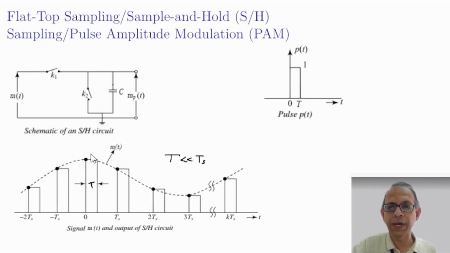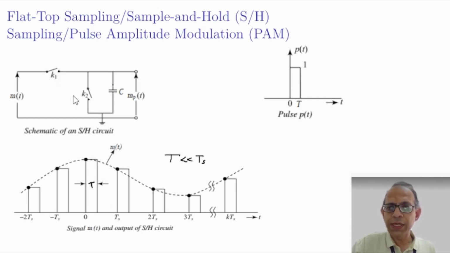So it acquires this value. Then K1 is open, K2 also remains open, so the capacitor voltage is maintained at this value. After capital T time, the switch K2 is closed, K1 remains open so that the capacitor discharges and acquires 0 voltage.